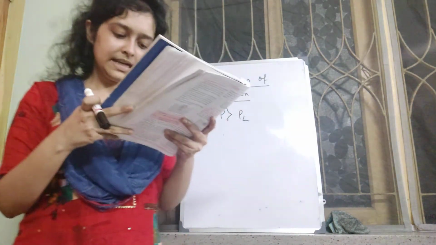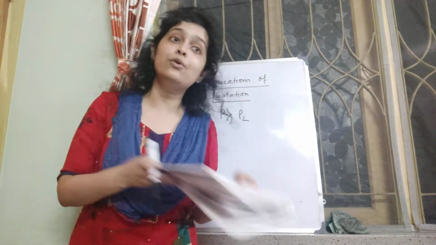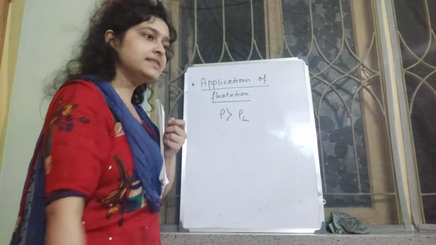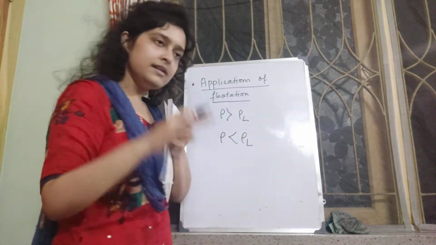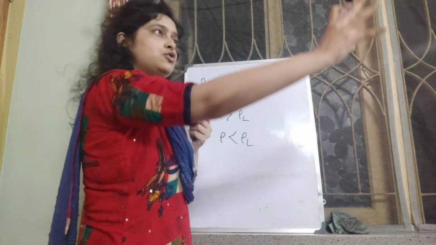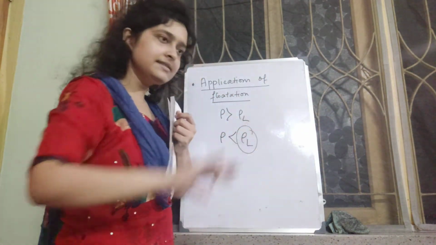Now, a ship begins to submerge more as it sails from seawater to river water. Obviously, when a ship is moving from seawater to river water, which one has more density? Seawater. So, for seawater, rho is less than rho L, and the ship will be able to float. As it moves towards the river water, this decreases.